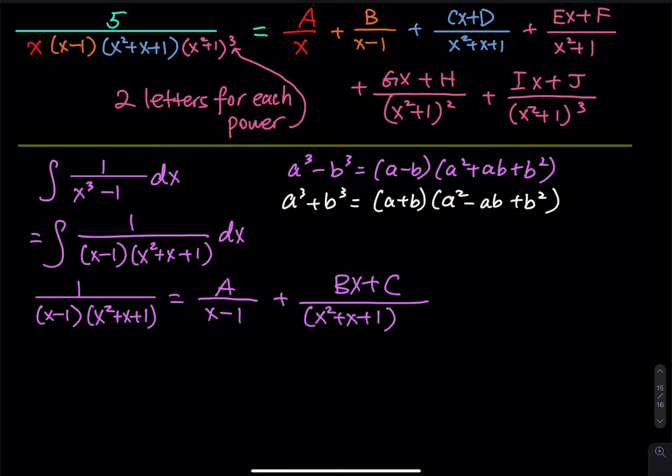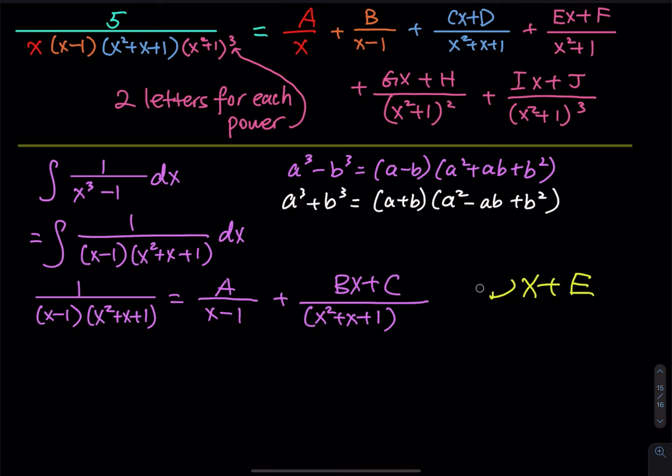By the way, if you want to practice, you can put a square above that, then that will be A, B, C, and then we will have to use D and E: Dx plus E divided by that, and that problem will be gigantic. I don't want to go into that. Using the Bx plus C, this problem is meaningful enough to make a discussion. Trust me, as we move on, you will see why I picked this problem. It is such a good problem, and it's a fair problem to put on a test.